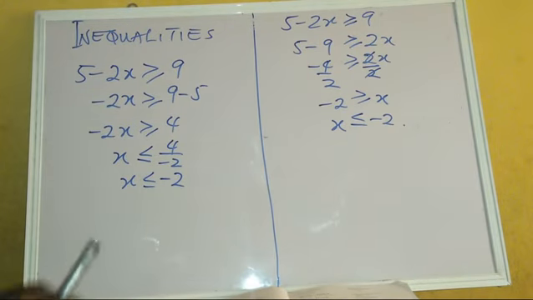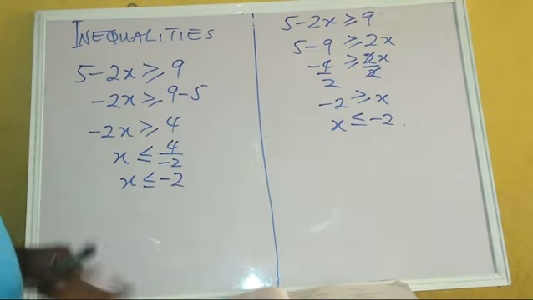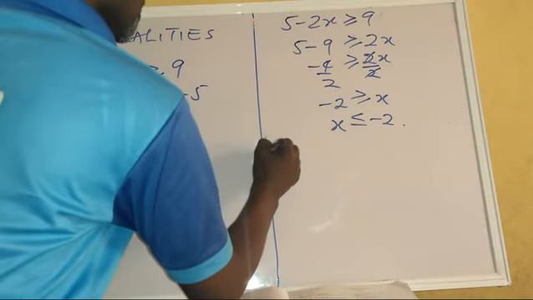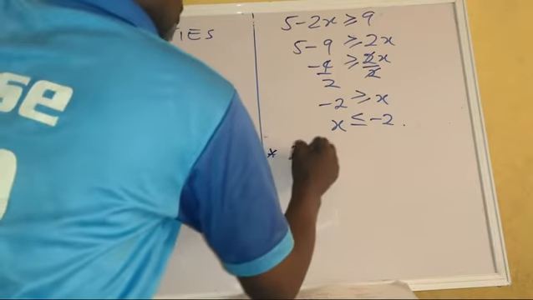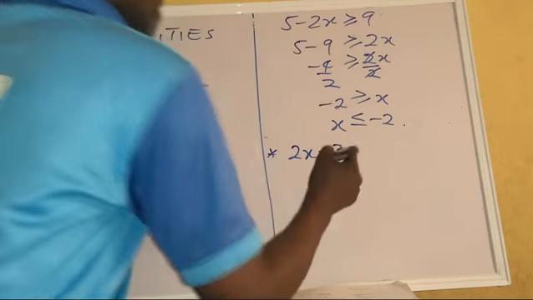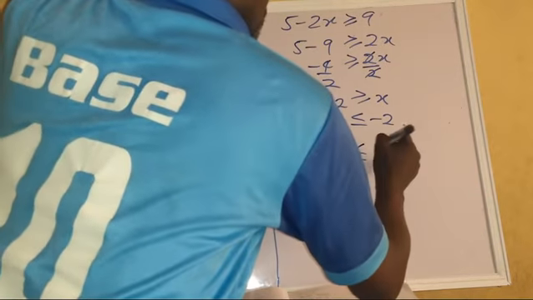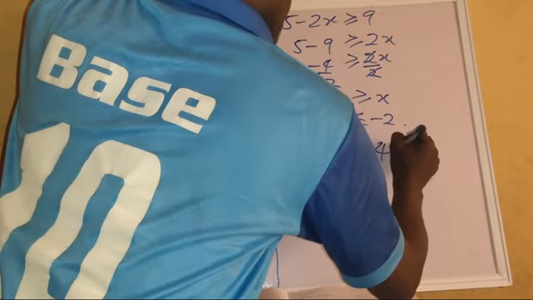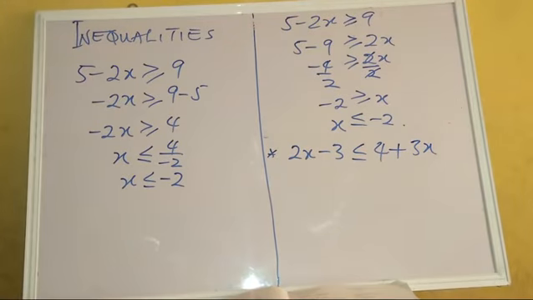We're going to look for more complex examples, whereby you have variables on both sides. For instance, let's look at this. 2x minus 3 less than or equal to 4 plus 3x. As you can see, we have variables at both sides.